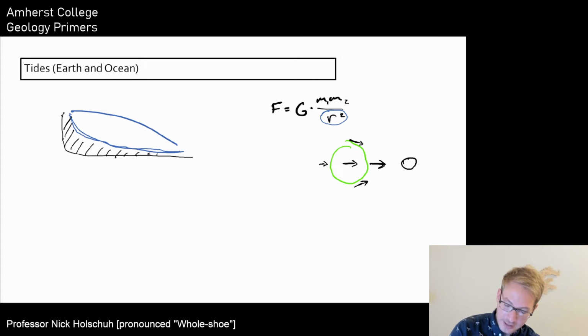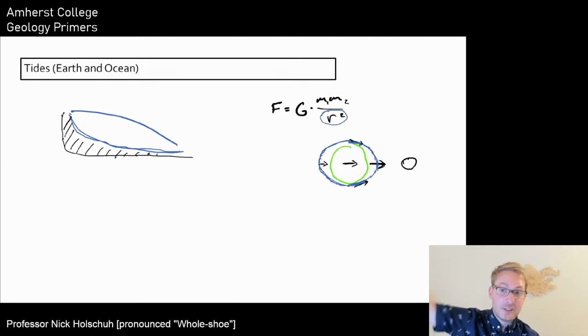If we think about the ocean tides, they result in more water piling up on the side of the Earth that's closest to the Moon, and in fact, extra water on the side that's furthest from the Moon, because the water that's furthest away is being pulled on the weakest, the water that's closest is being pulled on the strongest, and so we have this tendency to distribute water in this way, where it's being pulled on a little bit less than the Earth system at the far side, it's pulled on by a lot on the close side, and that differential force leads to a high tide here and here, low tide here and here.